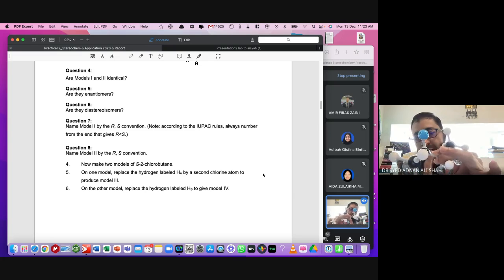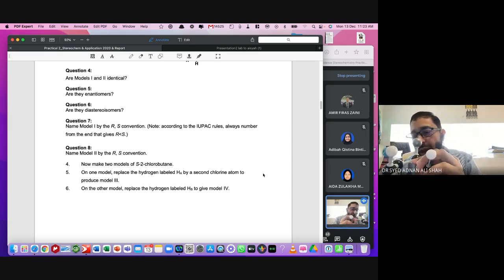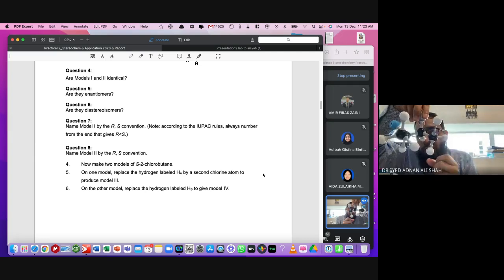And then for the second one, we have to move this hydrogen to the back. At the back like this, I can move from here. This is at the back, chloride rotate.